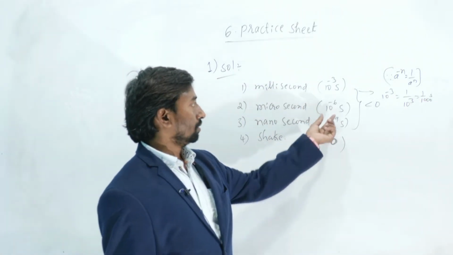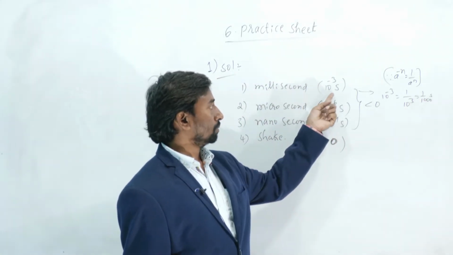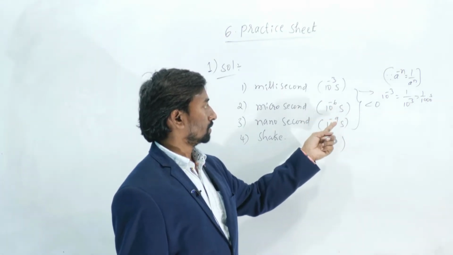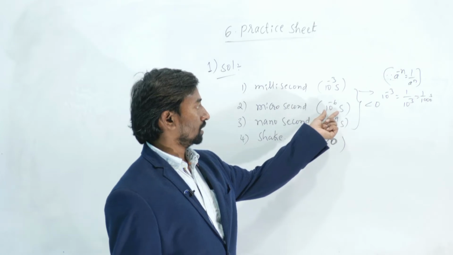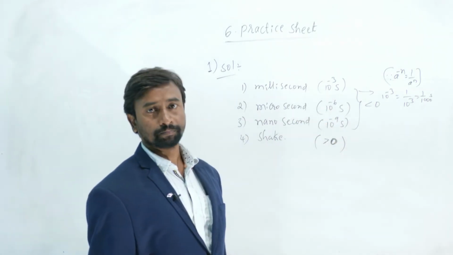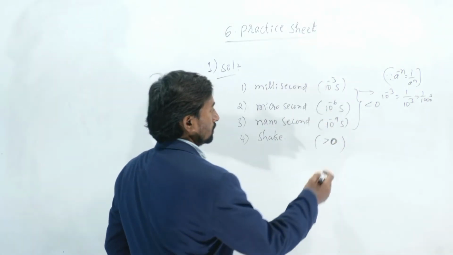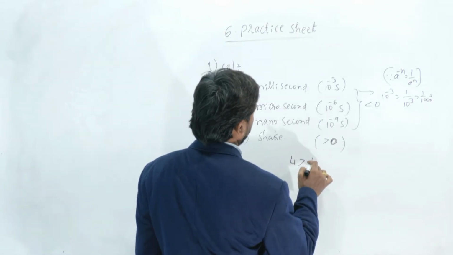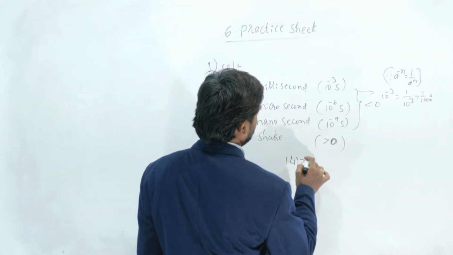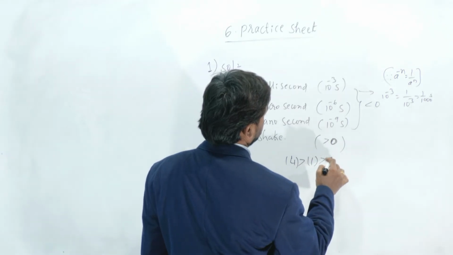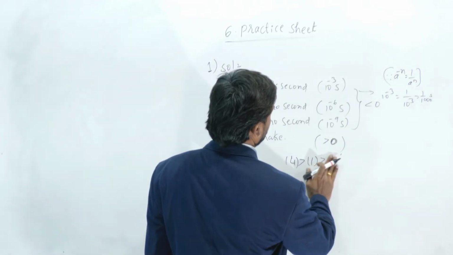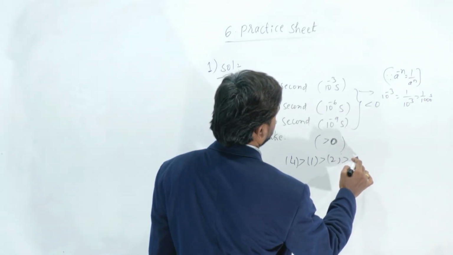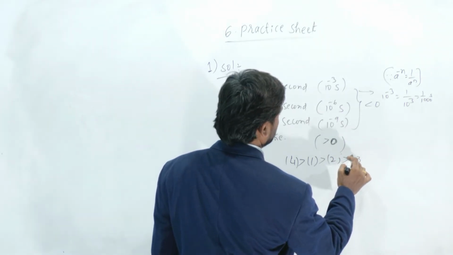Like that it is 1 by 6 times. So compared to this one, this is a lesser one, this is a greater one, and this one is very lesser, this is a greater one. Okay. So from this we can write that the fourth option is greater, then the first option is greater, then 10 to the power 6 is the second option, and then the third option.